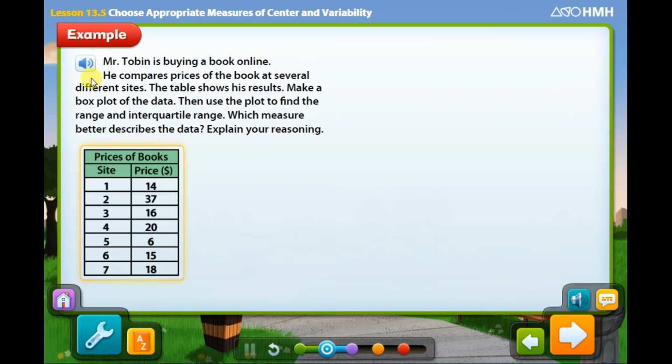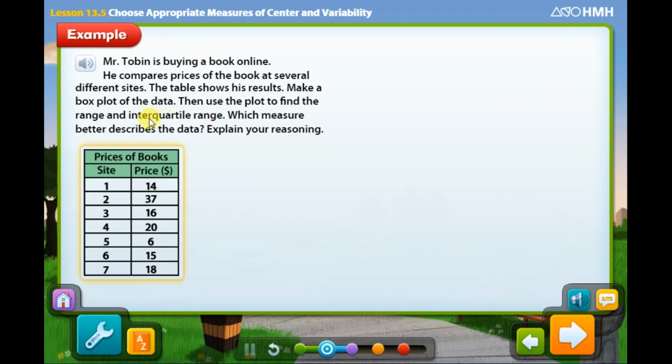Okay, so we have here a set of data. These are the numbers here. And we need to make a box plot. So we need to make a graph, a box plot graph, to represent the data. Then after drawing the box plot, we have to find the range and the interquartile range.